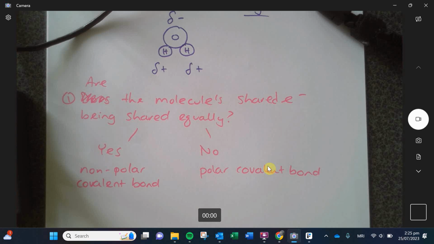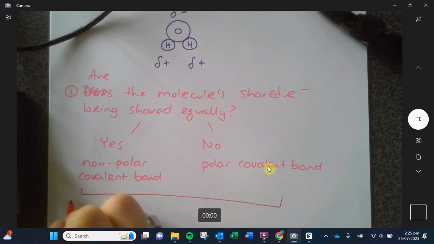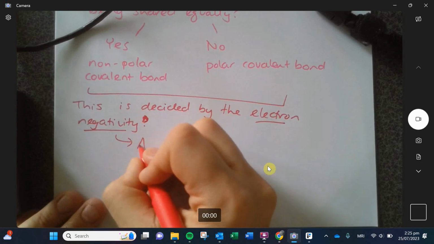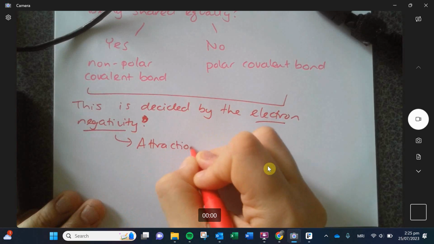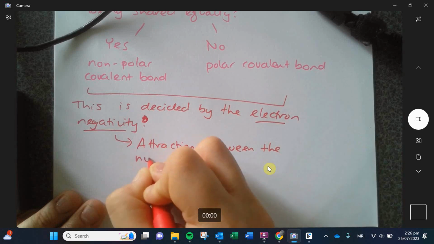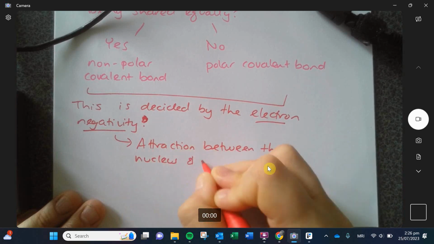So this is decided by the electronegativity. So electronegativity, we are referring to the attraction between the nucleus and the valence electrons.